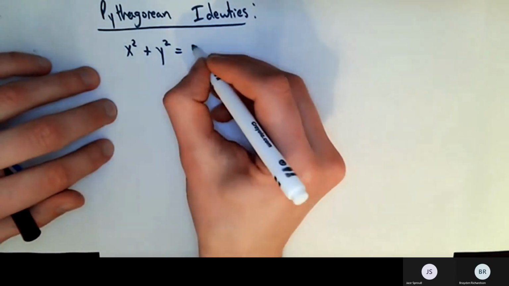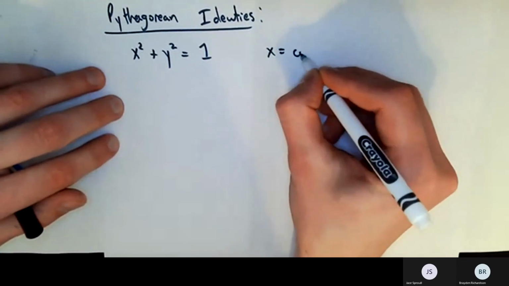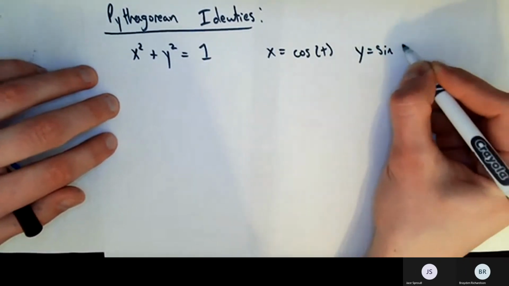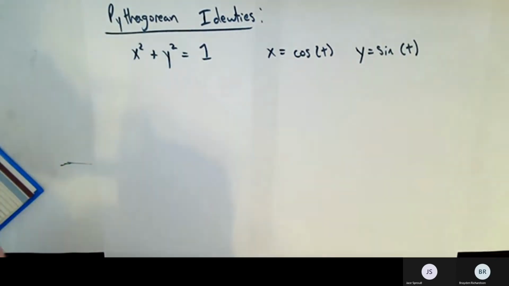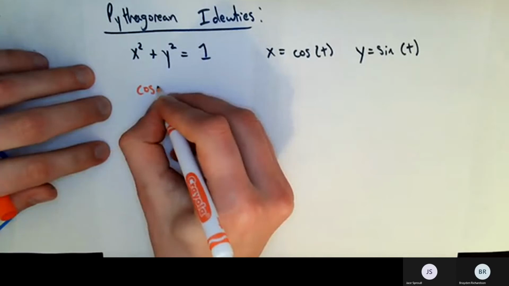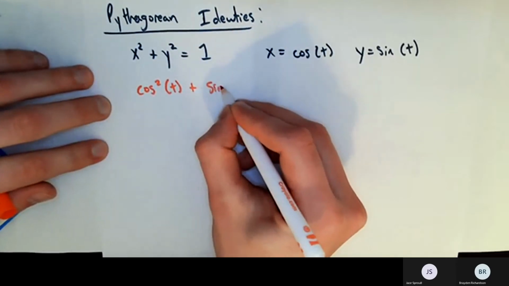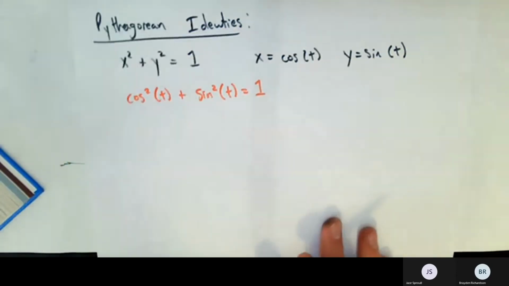Note that for the unit circle, which is where we are living for this chapter, x squared plus y squared is equal to 1, but also x is equal to cosine of t and y is equal to sine of t. Put these together, what do I get? I get cosine squared of t, that's x squared, plus sine squared of t, that's y squared, is equal to 1.